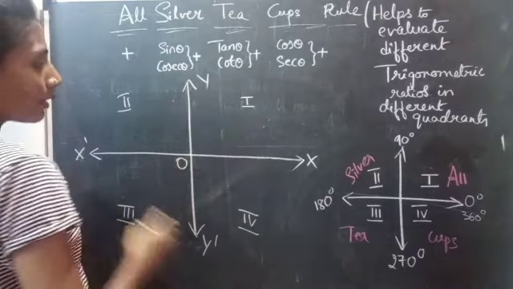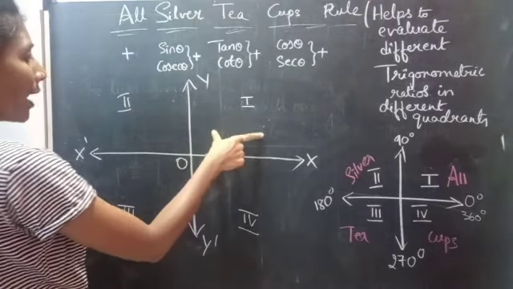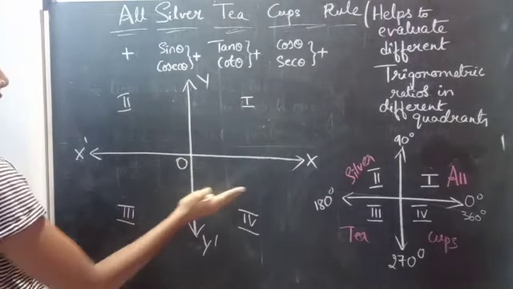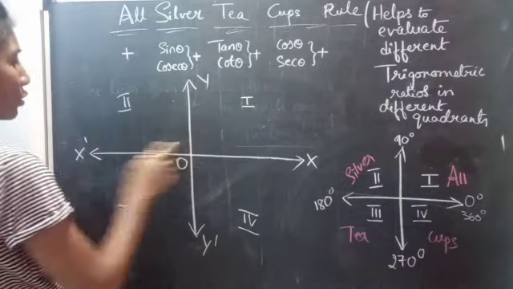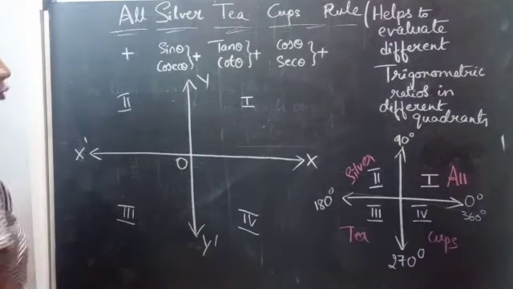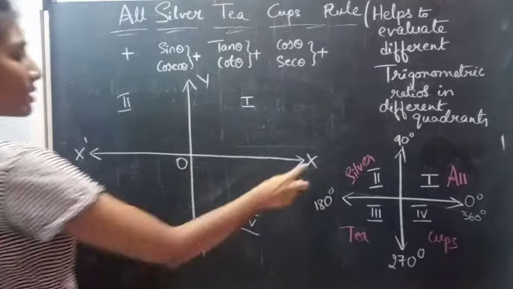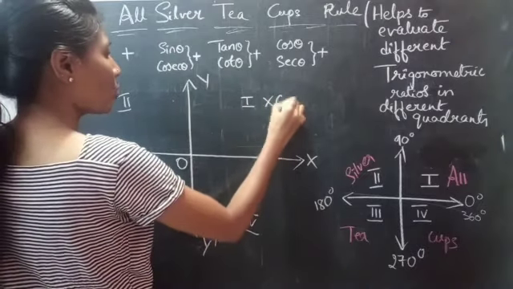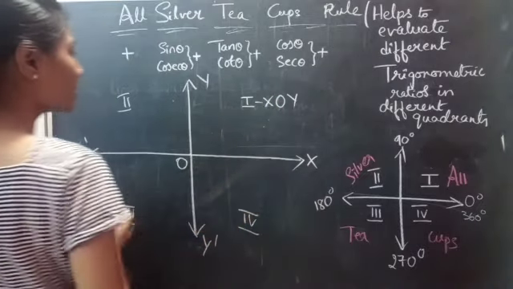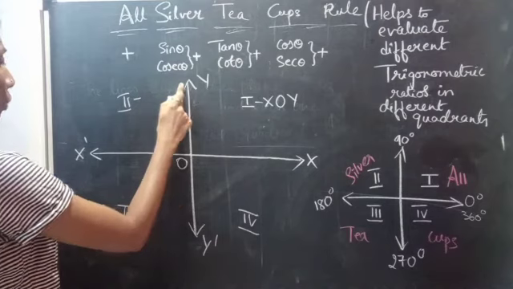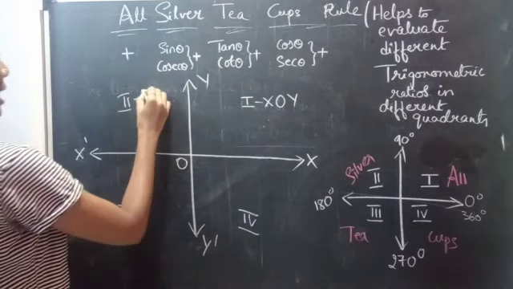So how many quadrants do we have? 4: 1, 2, 3, and 4. The first quadrant is X, O, Y. The second quadrant is Y, O, X prime.